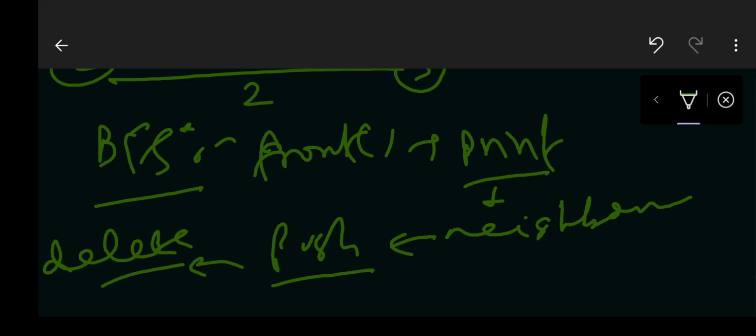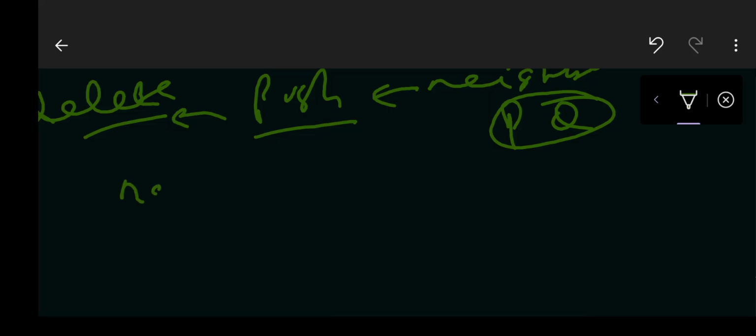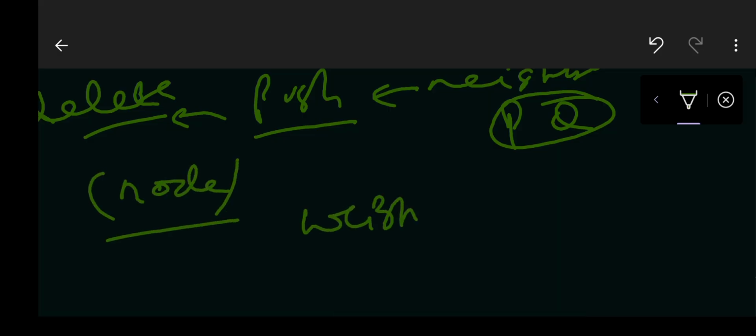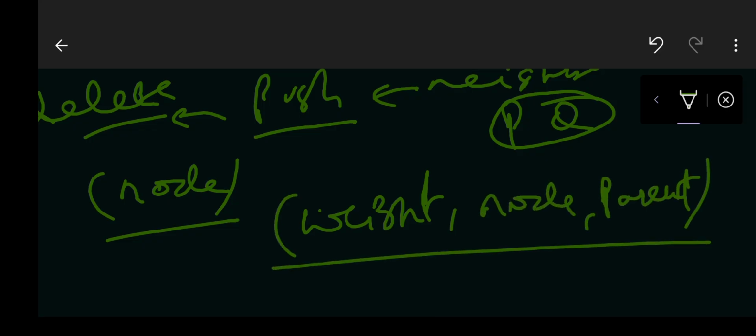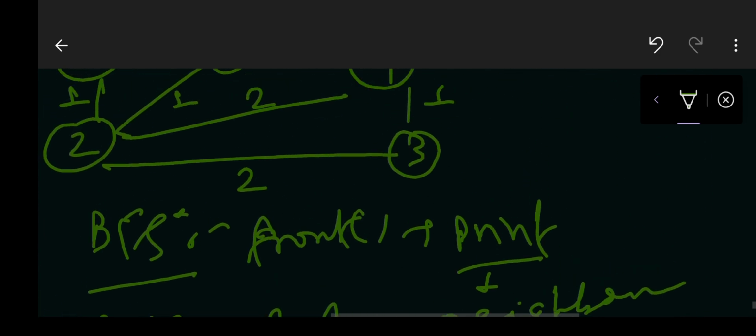This was BFS. Just change one thing: in place of a queue, just take a priority queue. In BFS we are pushing just the node. Here we are going to push the weight, node and the parent. Nothing else changes.